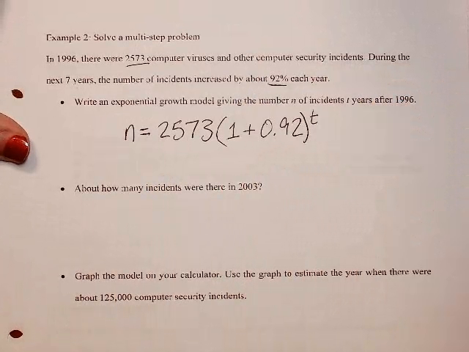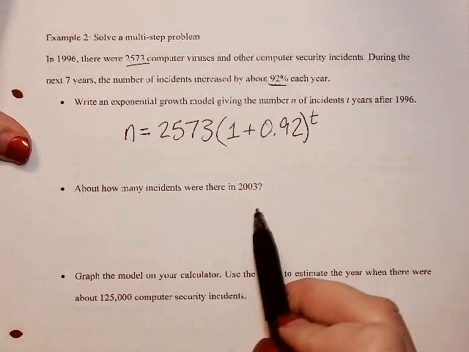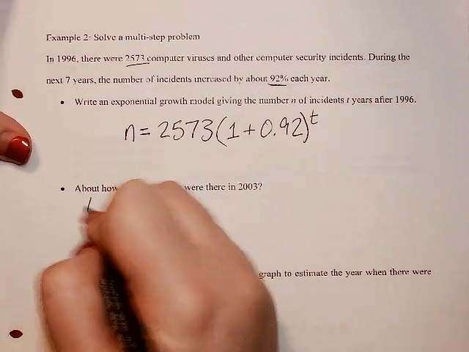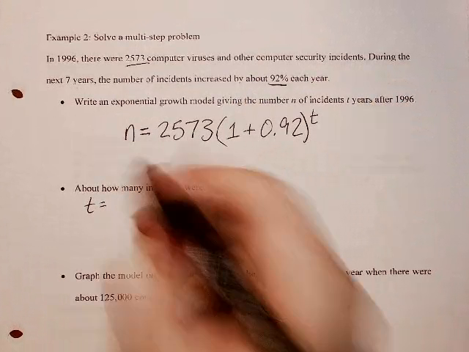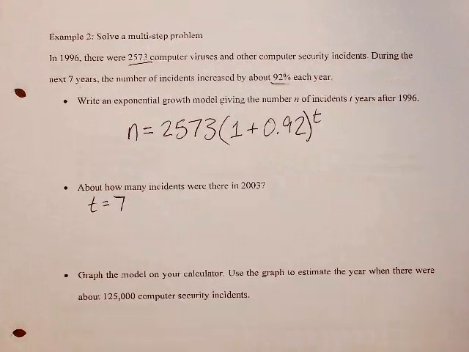So now, how many incidents were there in 2003? Well, 2003 is 7 years after 1996. So we type in 7 as our exponent.